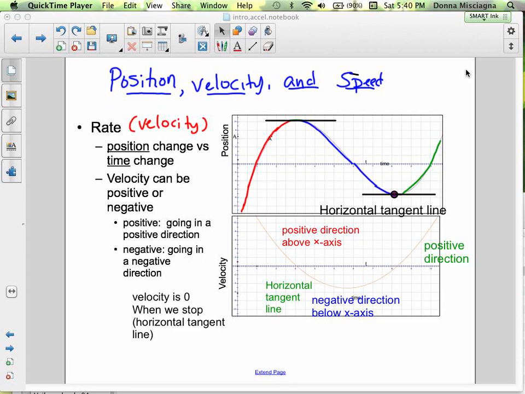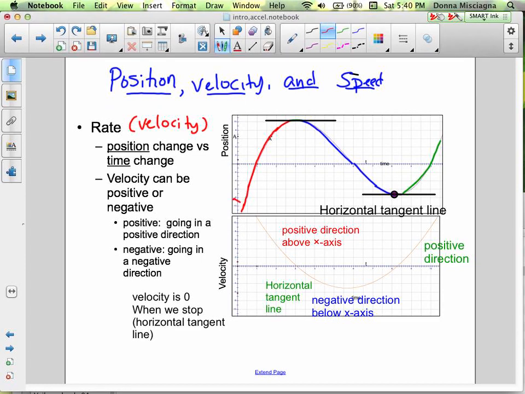So let's take a look at these two graphs, position and velocity. Here in red, in the first graph, we have the position function. Notice in red here, we're moving in a positive direction. If we look at the velocity function, that corresponds with this right here.